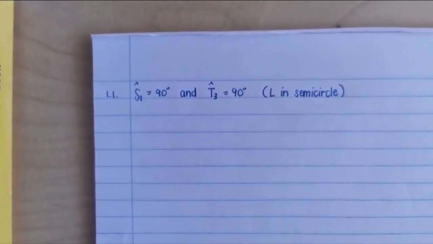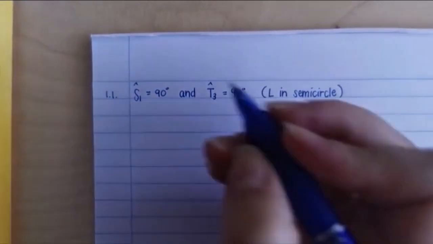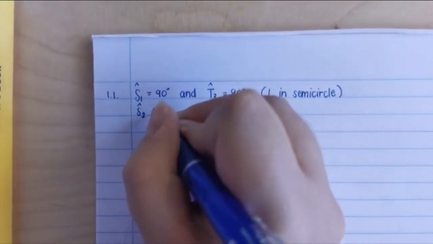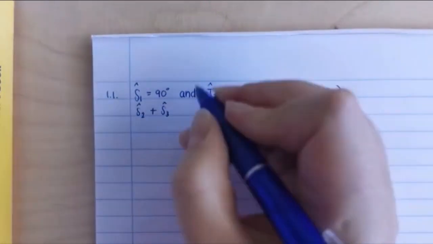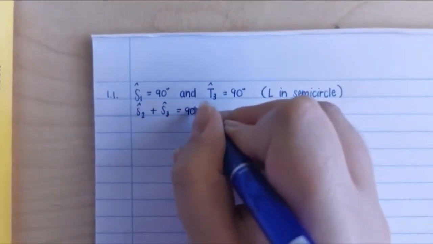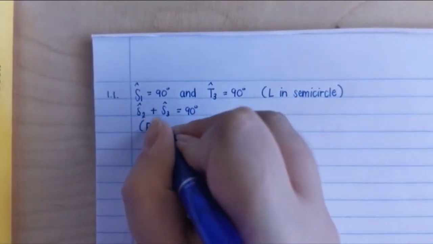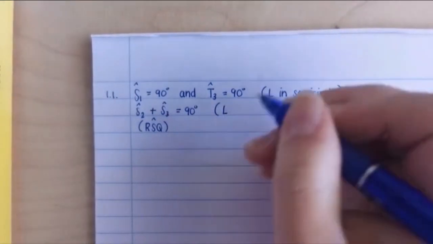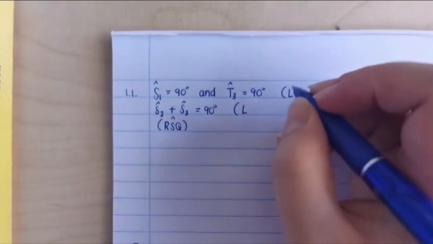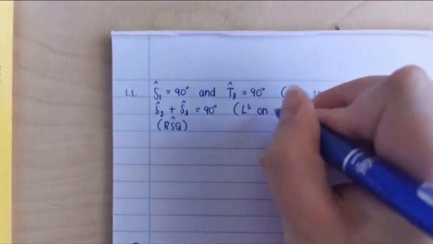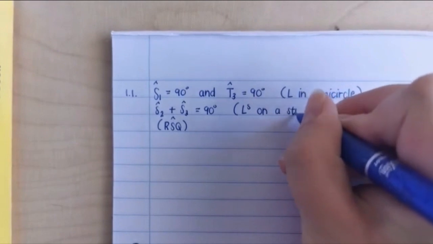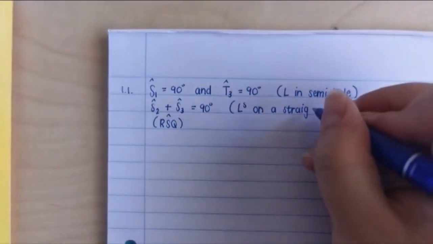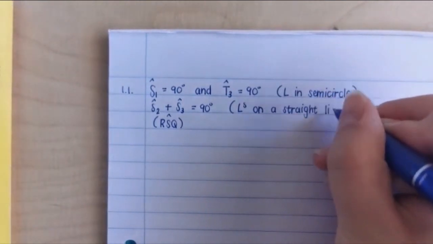Okay, so that's the first bit. So then we said that S2, so now you can write S2 plus S3 if you want, is equal to 90, or you can also just say RSQ. That's the same angle, RSQ. The reason there is angles on a straight line.